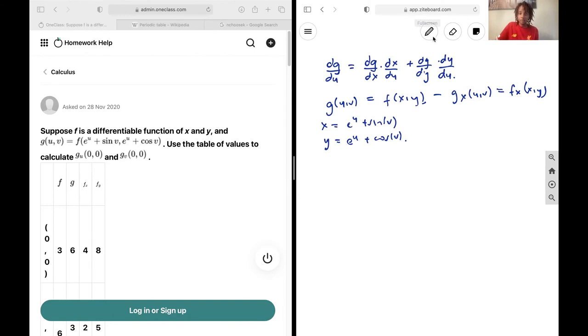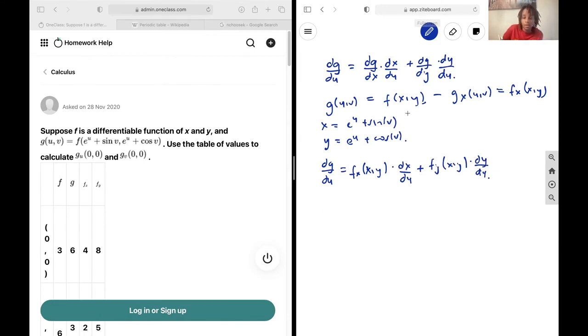So now you'll have dg over du equal to fx at (x, y) multiplied by dx over du, plus fy at (x, y) multiplied by dy over du.